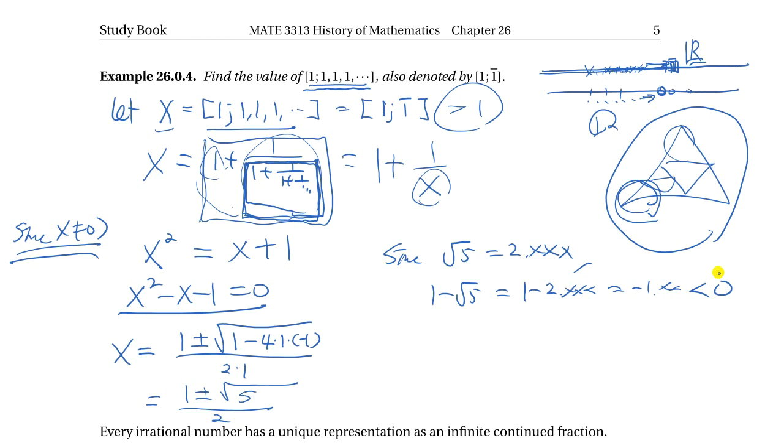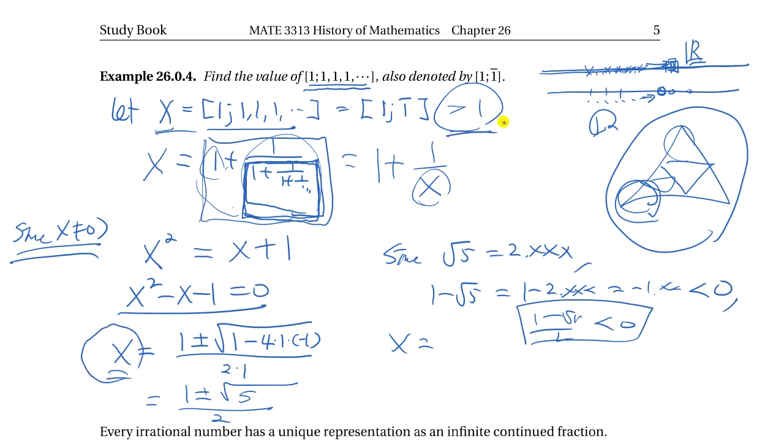It's less than 0, so it's a negative number. So x suggests 1 plus square root of 5 over 2 and 1 minus square root of 5 over 2. And 1 minus square root of 5 over 2 is negative. But we already knew that x must be positive, and even greater than 1. So we cannot accept this one.